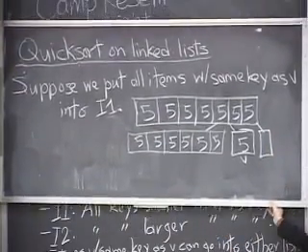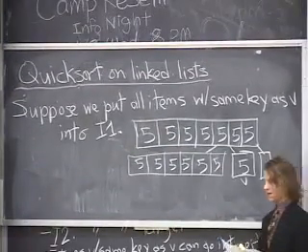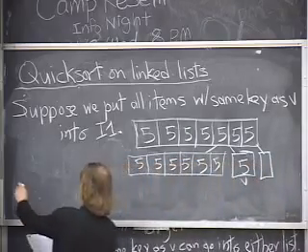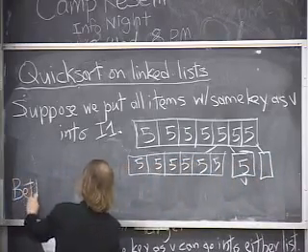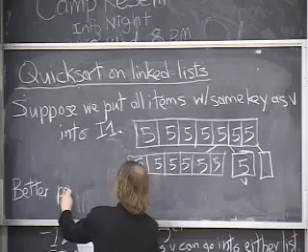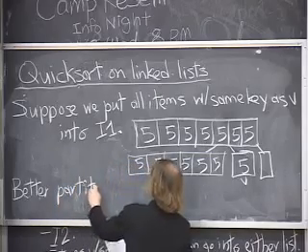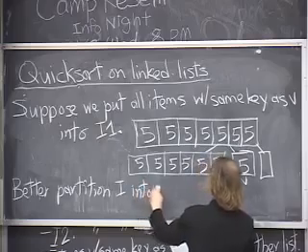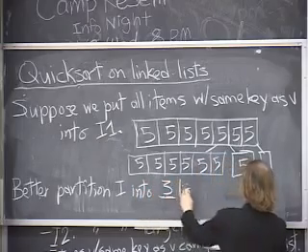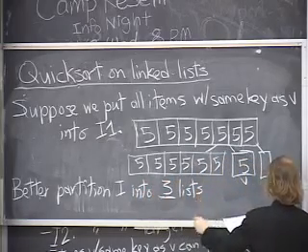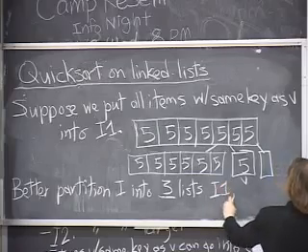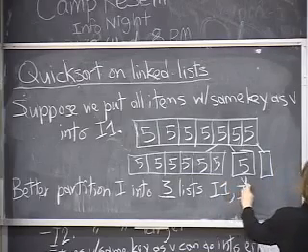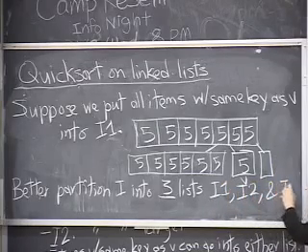We're going to come up with a better strategy, and it'll be different for linked lists and for arrays. The better solution for linked lists is pretty easy. It's to partition I into 3 lists instead of 2. I will call those lists I1, I2, and IV.